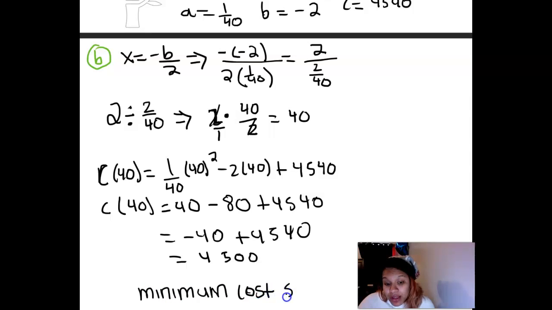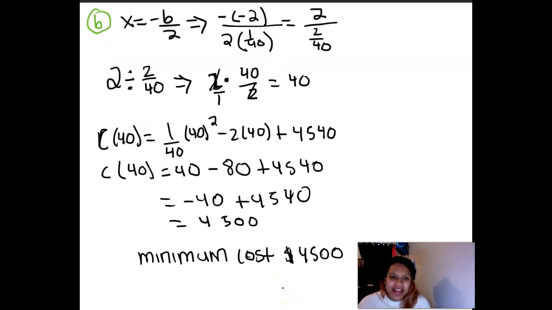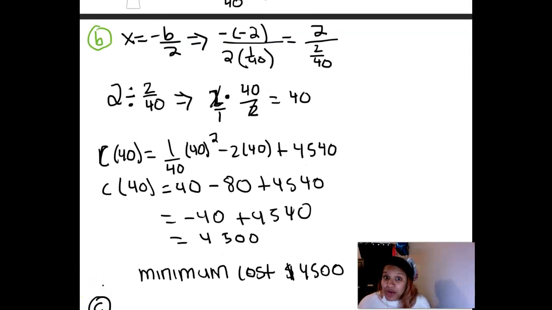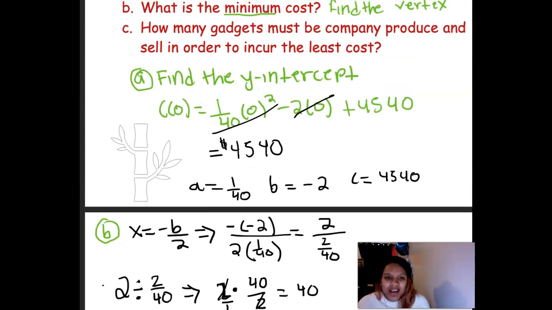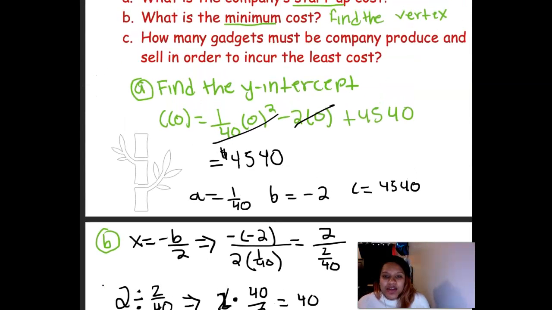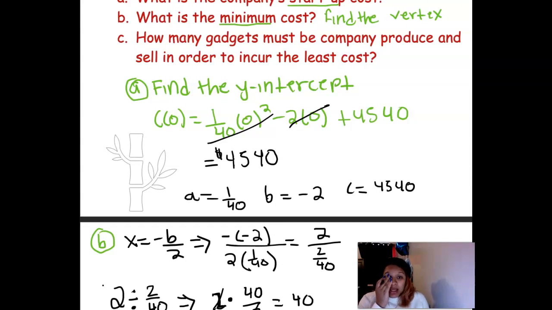Because sometimes you feel like it's writing and then it's not really writing. All right. And then part C. Let's go back and read it because we already saw it. How many gadgets must the company produce and sell in order to incur the least cost?